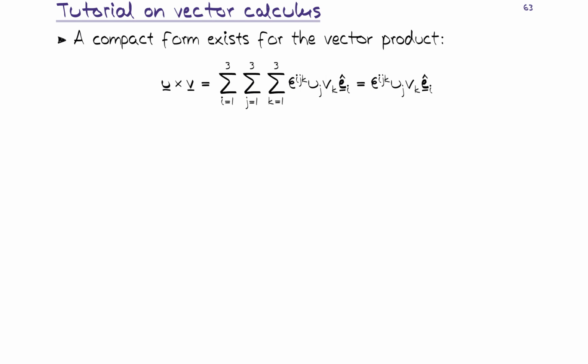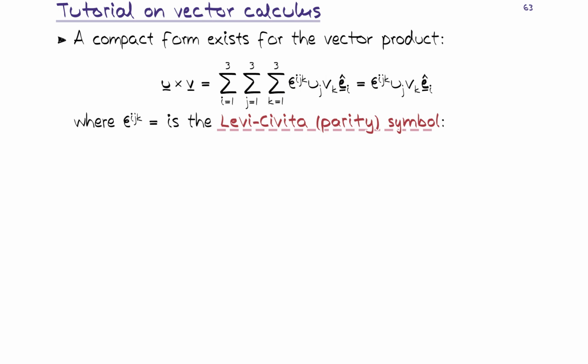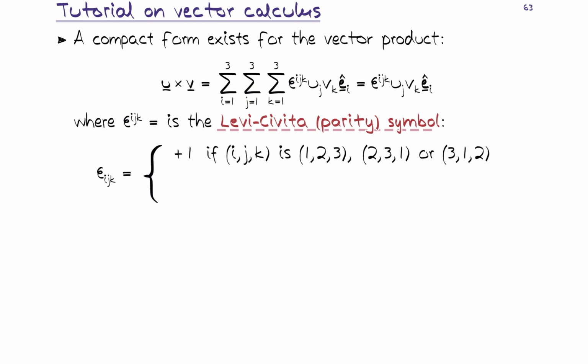And here epsilon is the Levi-Civita parity symbol, and this is defined simply that depending on the indices, if I'm having indices ijk and they are either 1, 2, 3, so x, y, z, or 2, 3, 1, so y, z, x, or 3, 1, 2, the Levi-Civita parity symbol gives me a number of 1, and it gives -1 if I'm having reversed indices.